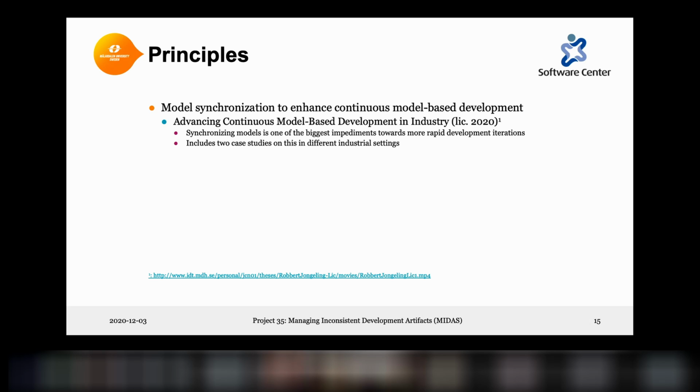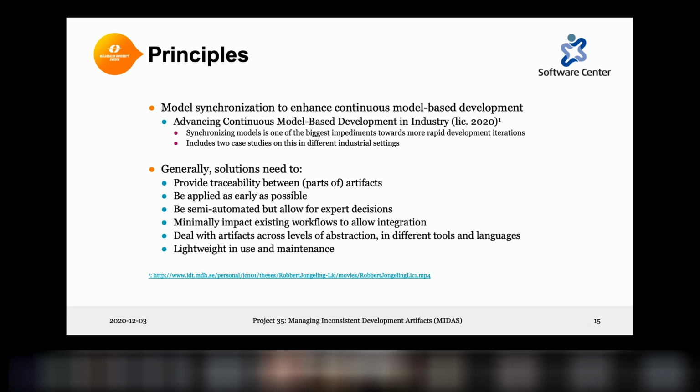But the general principles, in that thesis and also in the project now, are that we are looking for solutions that provide insights to engineers. So they should provide traceability between parts of artifacts and so on. They should be applied as early as possible, so that you have early insights into possibly introduced inconsistencies. At the same time, they can usually not be automated.